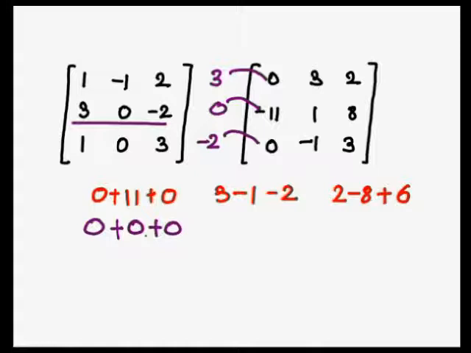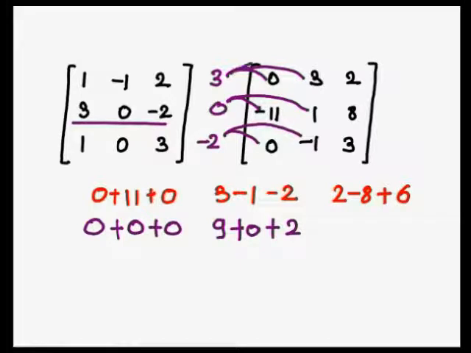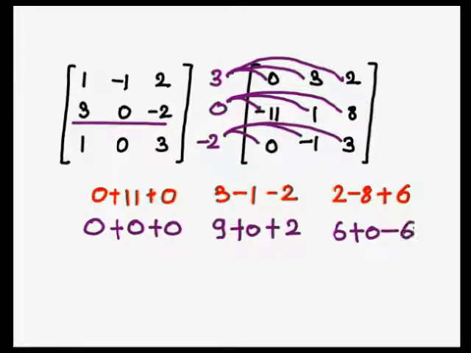Now we multiply with the second column. 3 into 3 we get 9, 0 into 1 we get 0, minus 2 into minus 1 we get 2. So hope you understand. Now the last is nothing but we have to multiply with the last column, that is 3 into 2 is 6, 0 into 8 is 0, minus 2 into 3 is minus 6.